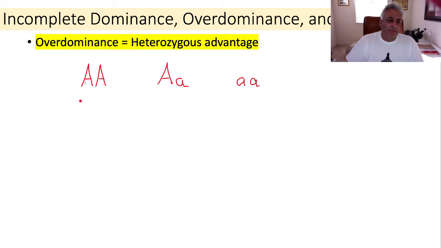Well, let's have a look. If the A allele produces an enzyme that works at 37 degrees Celsius inside the human body, and the small a allele produces an enzyme because of its genetic alterations, say it works at 33 degrees Celsius, best.